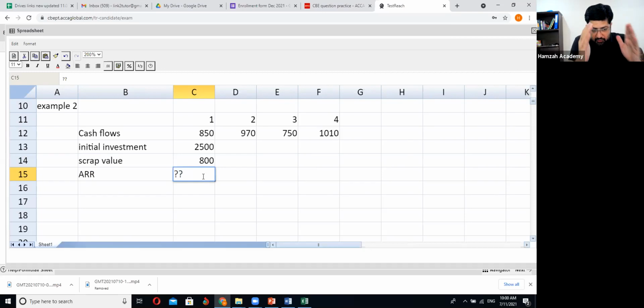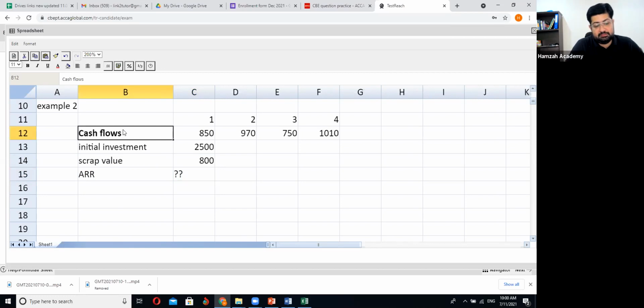Now we are reviewing the data. We have to see the data very carefully. You see, we are not given profits. We are given cash flows. We need profits to calculate ARR. I told you ARR is profits based.